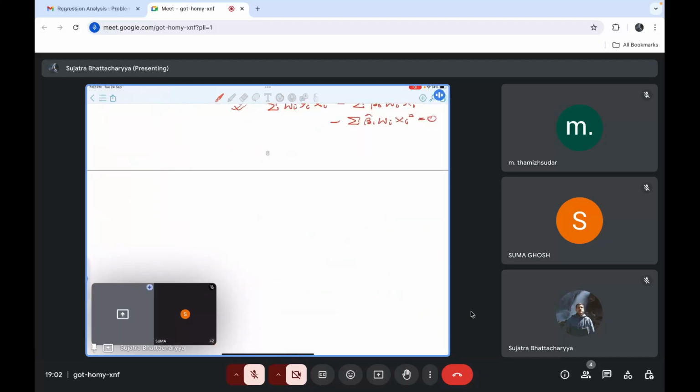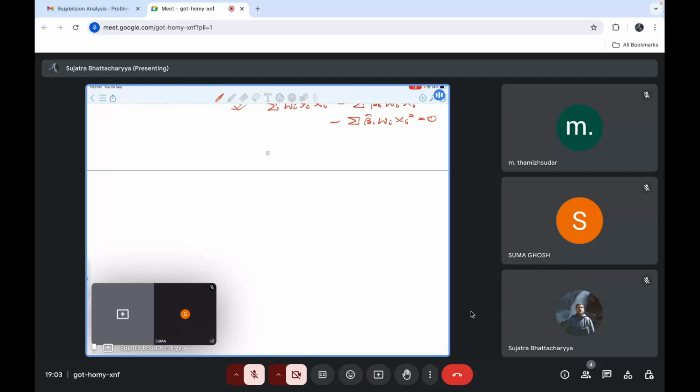Now we will go through the theory and establish why or how this Wi is 1 upon sigma square. And number two, if you are given some data, not this kind of question which I have given, how do we calculate these weights? That's the thing. These two things we will be doing, and we will wrap up today.